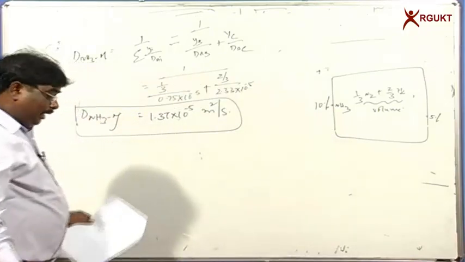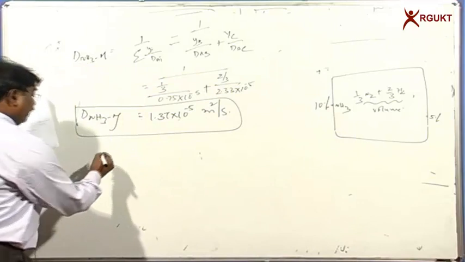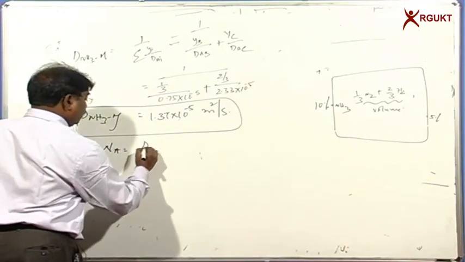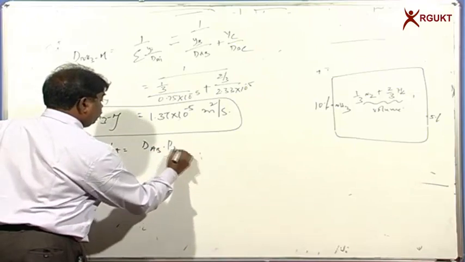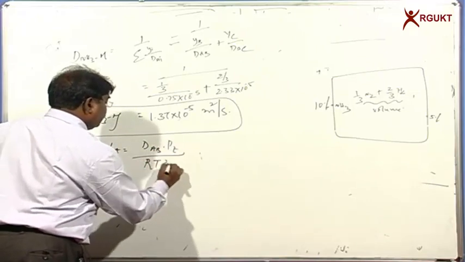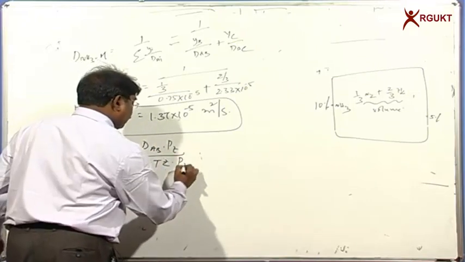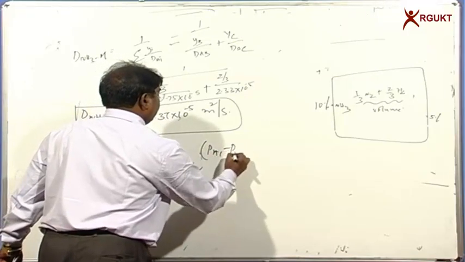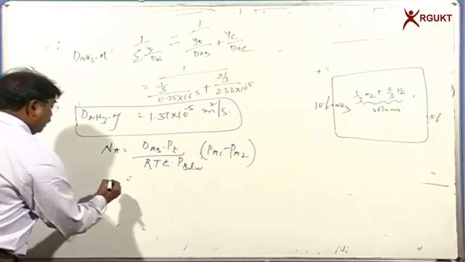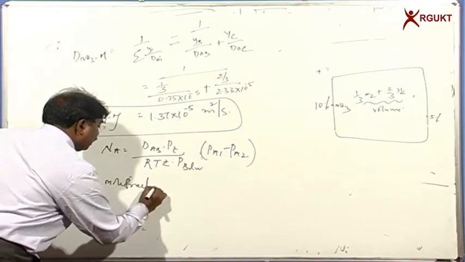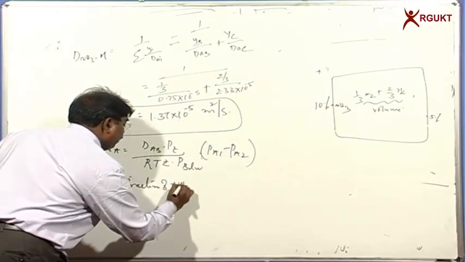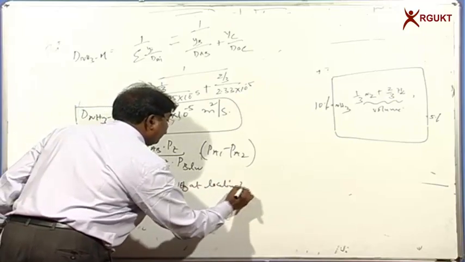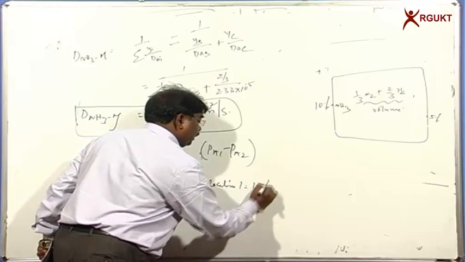For the estimation of flux, the flux equation is N_A is equal to D_AB into P_T by RTZ P_B,lm ln of P_A1 minus P_A2. Here the mole fraction of ammonia at location 1 is 10%.